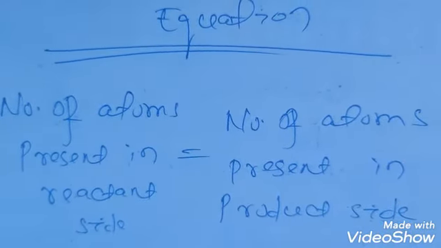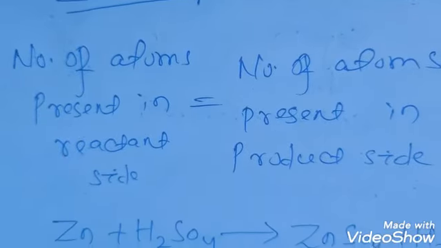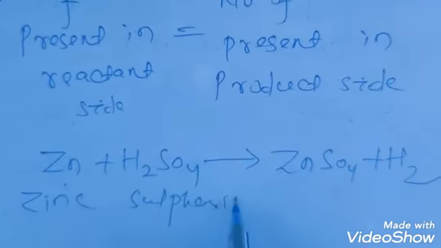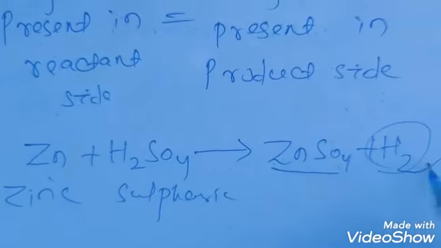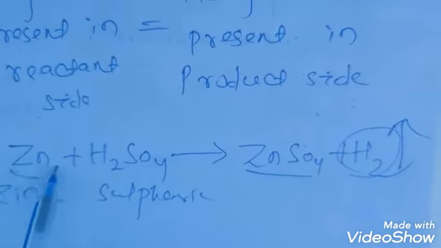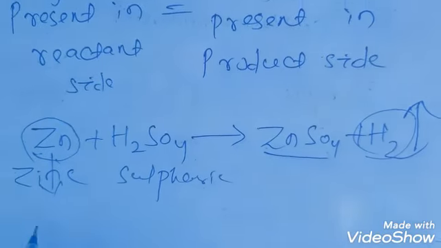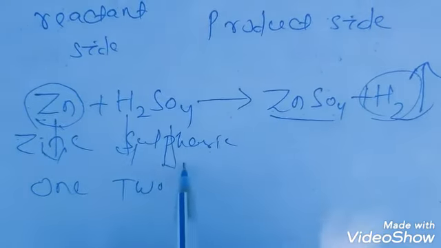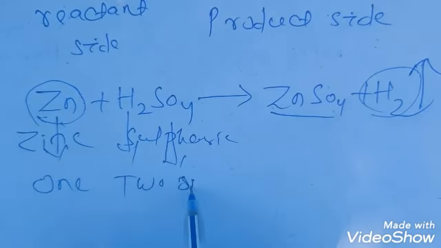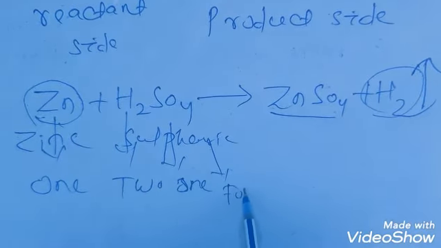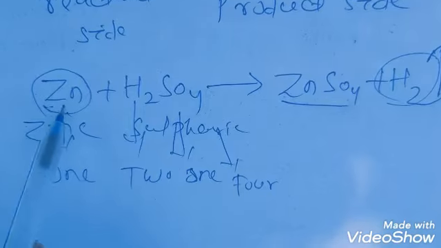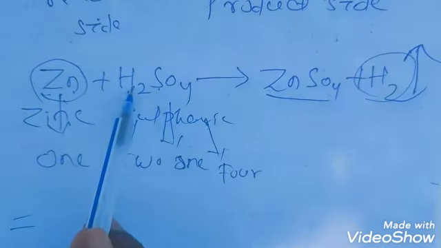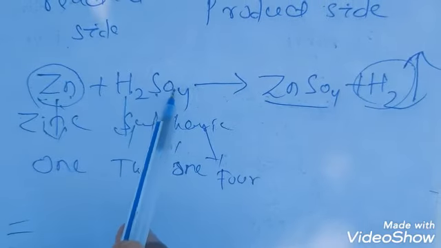Let's take an example. Suppose zinc reacts with sulfuric acid. When zinc reacts with sulfuric acid, it gives rise to zinc sulfate and hydrogen gas. Here there are one zinc atom, two hydrogen atoms, one sulfur and four oxygens. Total atoms: 1 plus 2 is 3, plus 1 is 4, plus 4 is 8.